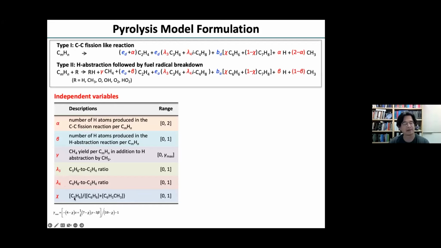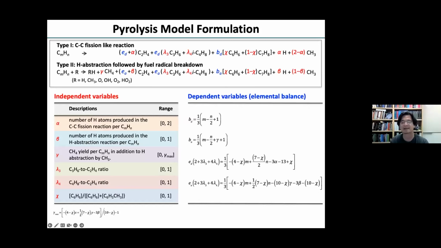Chi is the ratio of benzene to benzene plus toluene, and their range is bound, so that you can only choose values between the bounds given. The dependent variables ED, EA, and so on can be determined essentially from the fuel stoichiometric coefficients, C, M, and N, plus the various Greek letters.